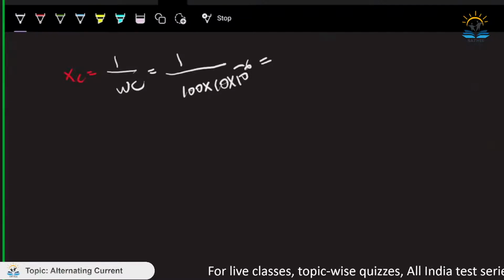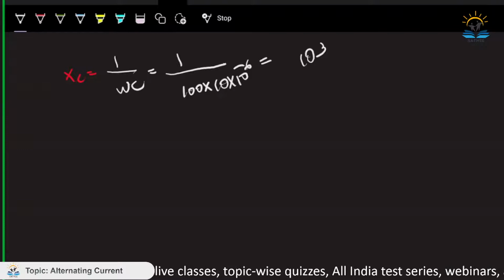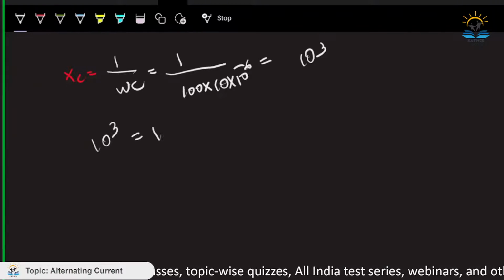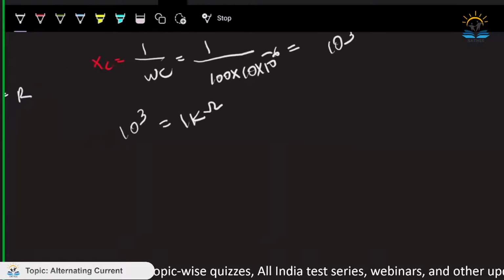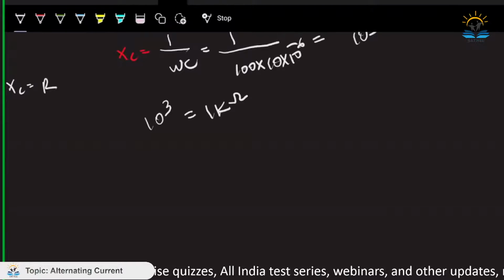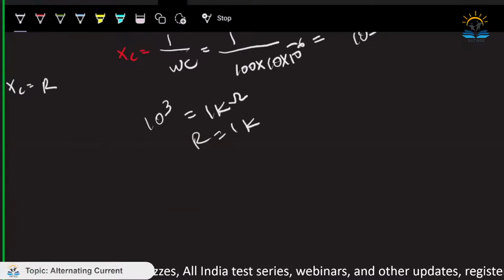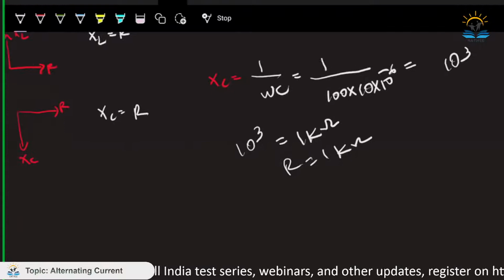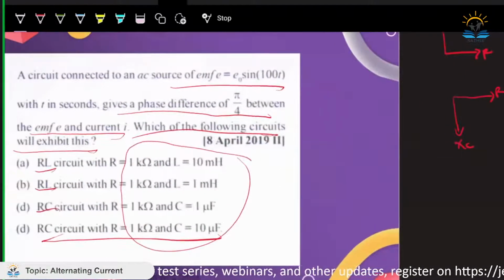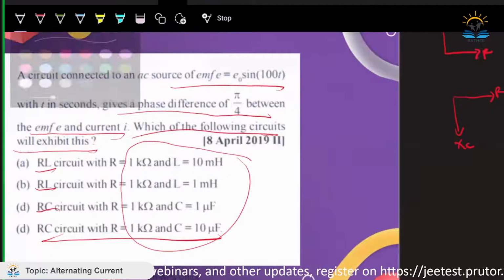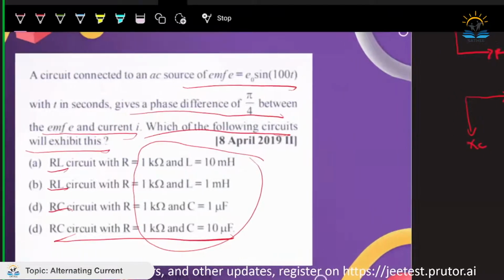So this will be 10 raised to minus 3. 1 by 10 raised to minus 3 is 10 raised to 3, so that is 1 kilo ohm. The resistance is also 1 kilo ohm. That means XC equal to R in the last option. In option A, option B, option C, it won't be equal. So which will be our answer? Option D.